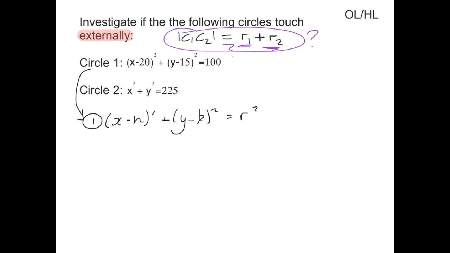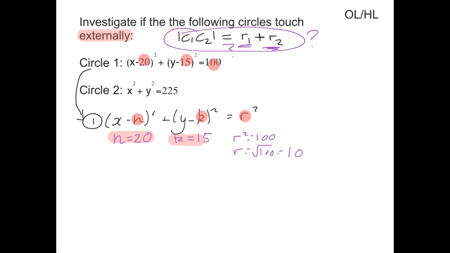So we need to work out what our h, k, and r are in this equation. Comparing the two, we have h equal to 20, k equal to 15, and r squared is 100, so r is the square root of 100, which is 10.